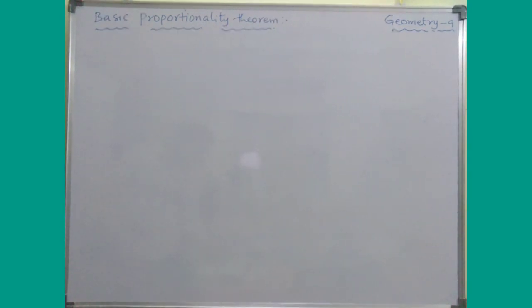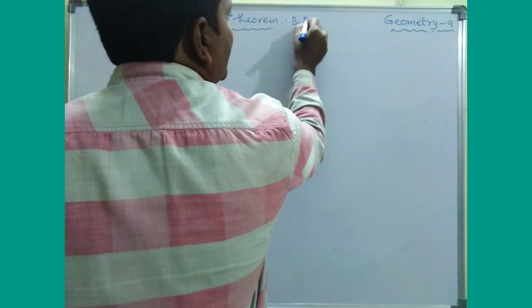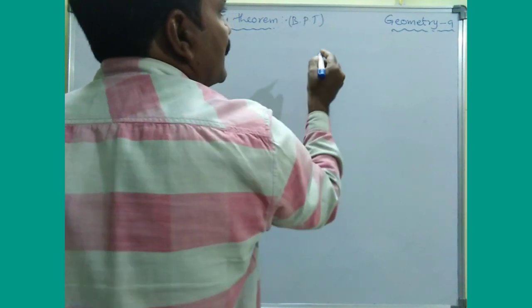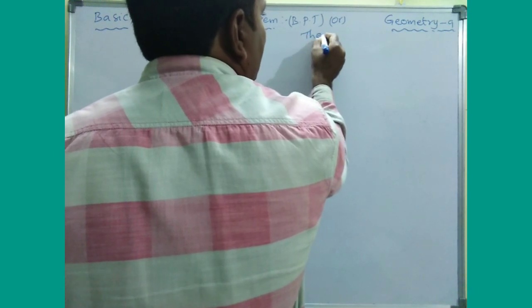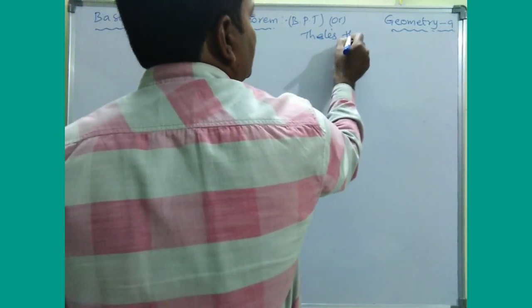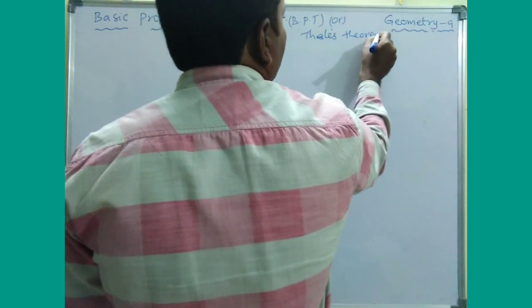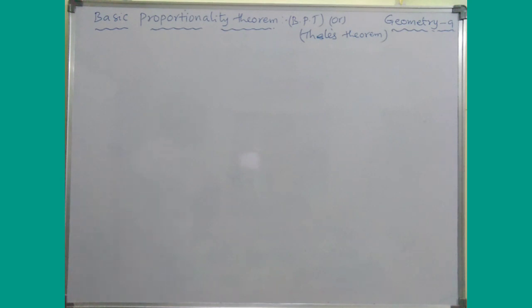Shortly, we call it BPT, or also called Thales theorem. So basic proportionality theorem or Thales theorem, both are same.